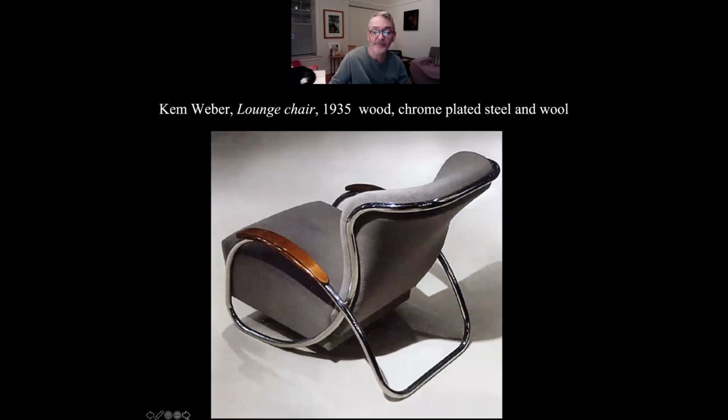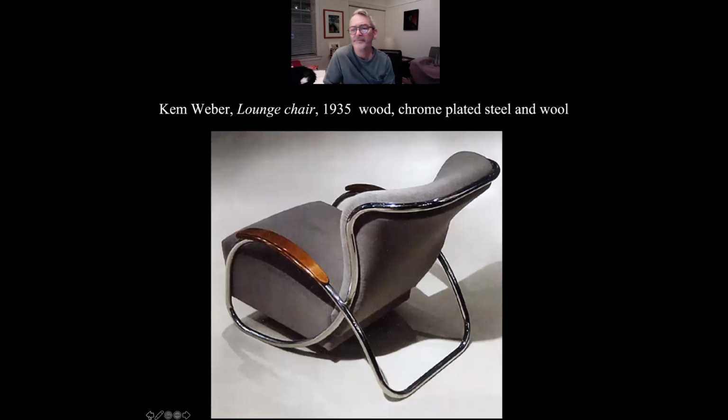It's being held up by this loop of steel. So things do start to become more sculptural, and we'll see this with the mid-century modern stuff, the furniture made by Knoll and Herman Miller after World War II.